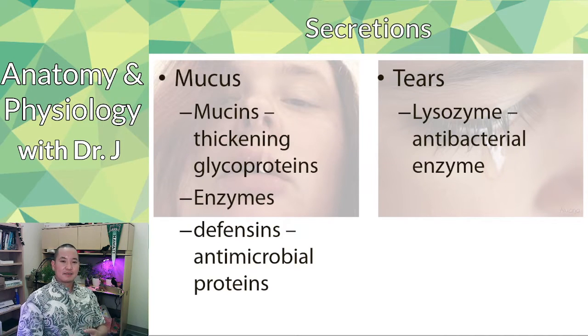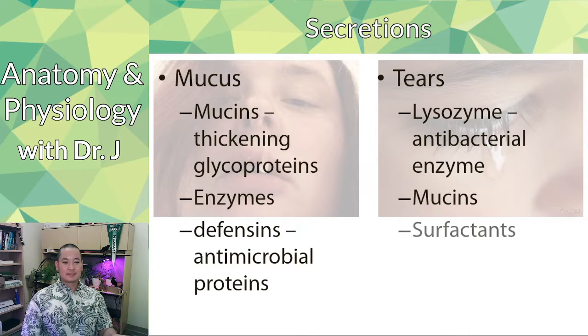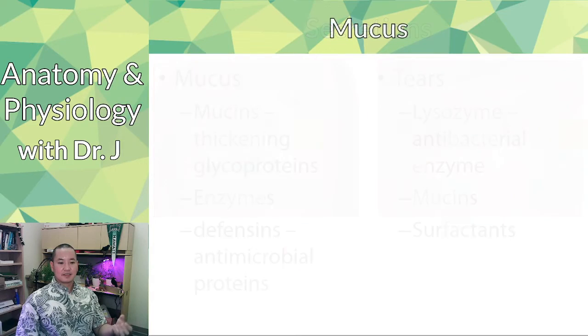What prevents them from establishing themselves there and totally taking over the surface of your eyeballs? Well, lysozyme helps to prevent that along with mucins. So your tears are not just water. You also have some thickening to it with the mucins. Surfactants, so these are kind of like detergents, it's a different surfactant compared to the one inside your alveoli, but these detergents also help to disrupt the barrier and prevent surface tension as well.